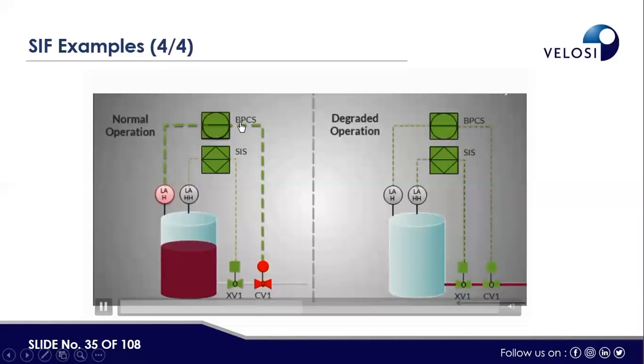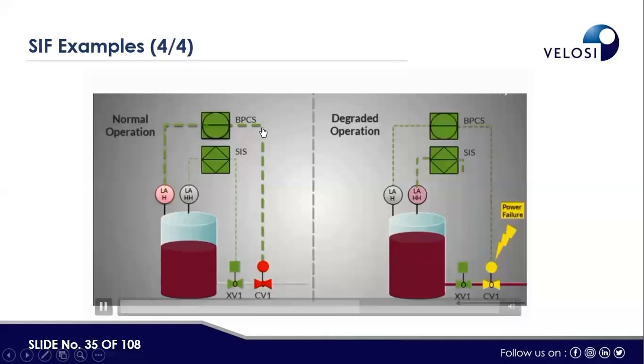At level alarm high, BPCS is taking care, whereas when the level alarm goes one level further to high high and BPCS could not protect the system, then SIS or SIF will take care of the system. This is normal operation. In case of degraded operation, meaning when there is abnormality or power failure, in that scenario also there would be an override by the SIF or SIS.